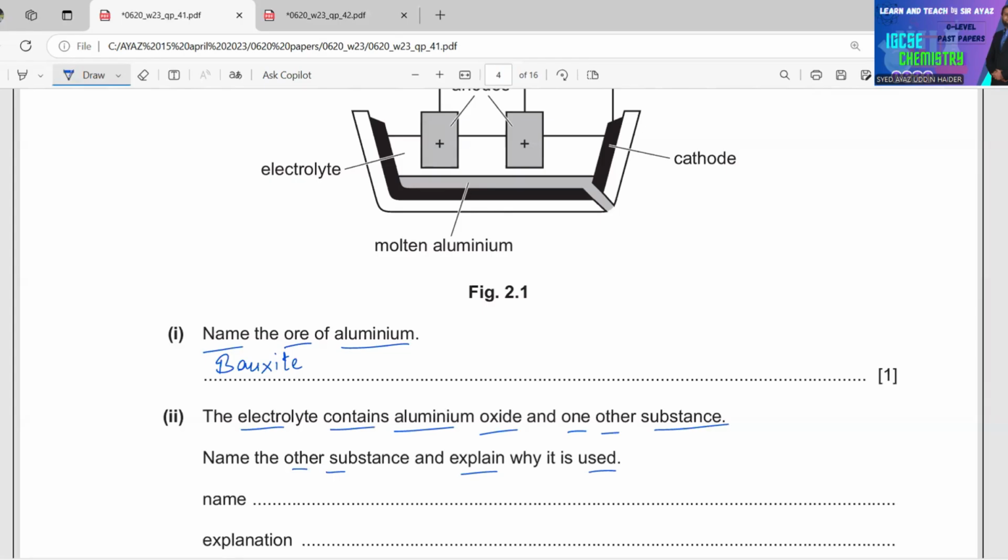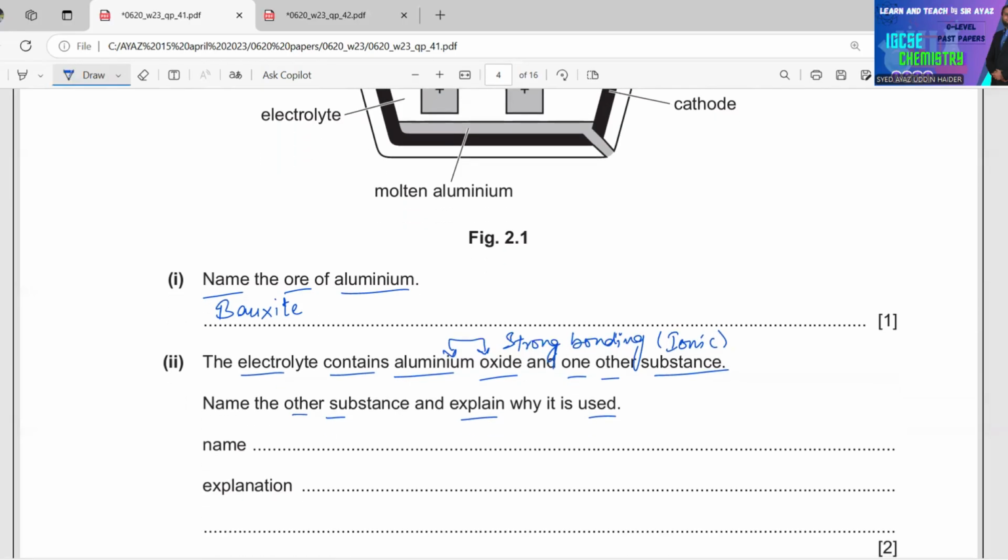Now, the melting point of bauxite is very high. First of all, it's purified to get alumina. Alumina again has a very high melting point because aluminium is very strongly bonded to oxygen, strong ionic bonding. So you have to add a compound of aluminium in order to decrease the operating temperature.